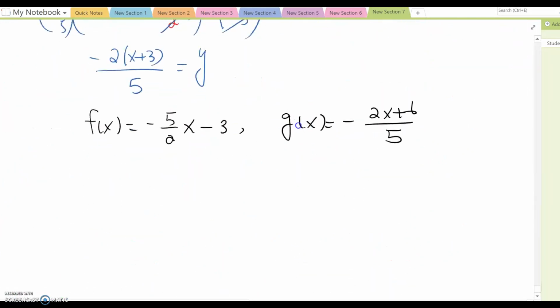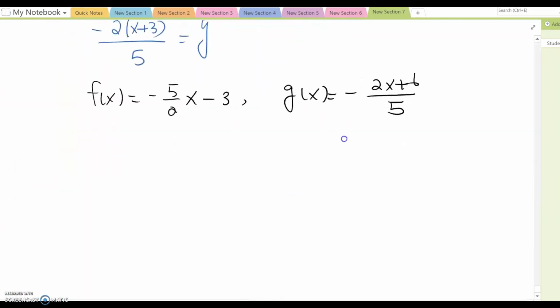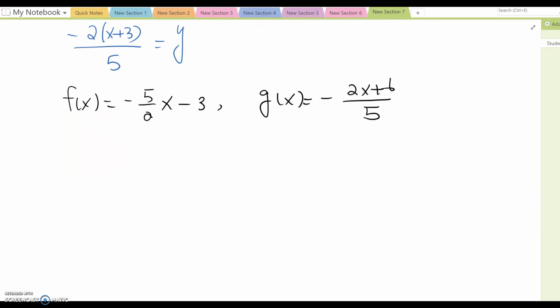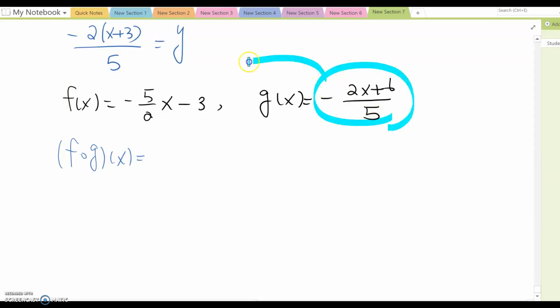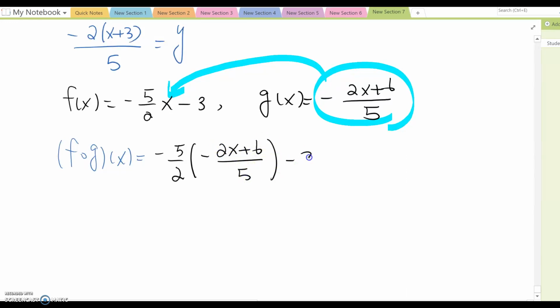Just go back to our original functions. Let's find their composition. So I'm going to find f of g(x). Then you are plugging the g(x) value into here. Then this becomes negative 5 over 2 times negative 2x plus 6 over 5, minus 3.